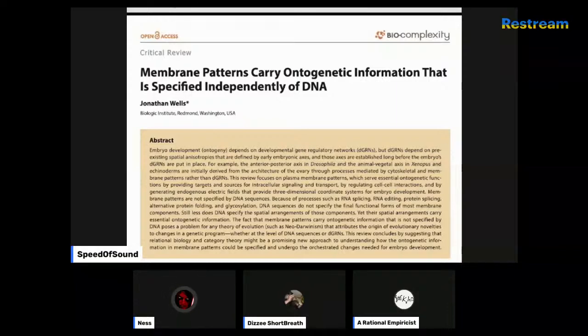So most of the information of development emerges out of physical interactions between the components, not from the DNA itself.